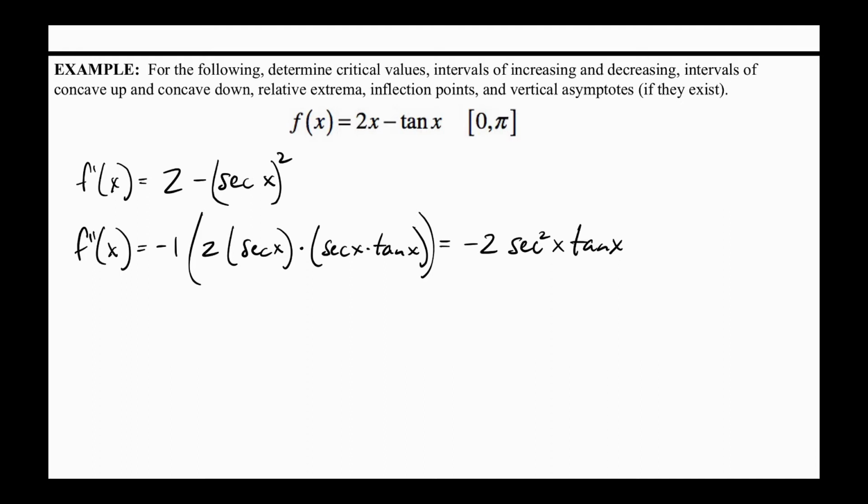Okay, so I got the first derivative, got the second derivative. What do I do next?